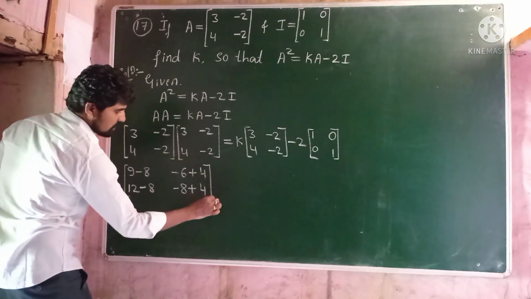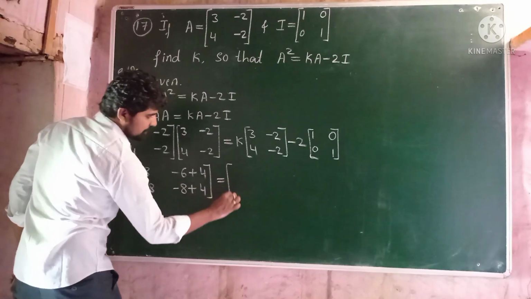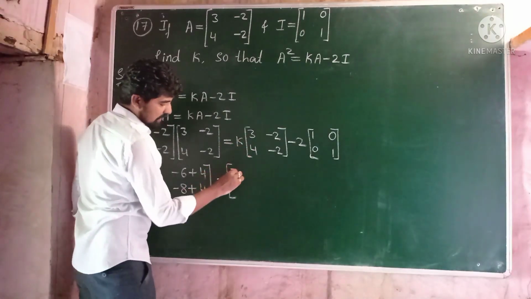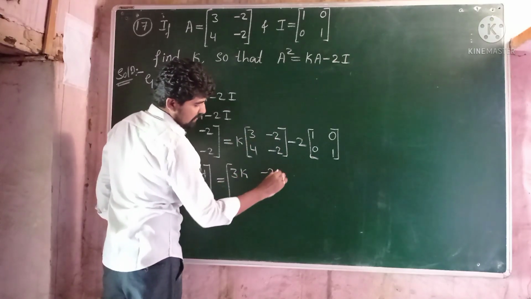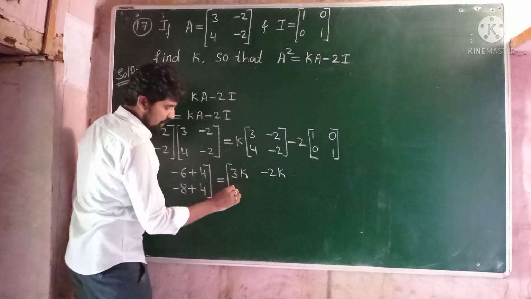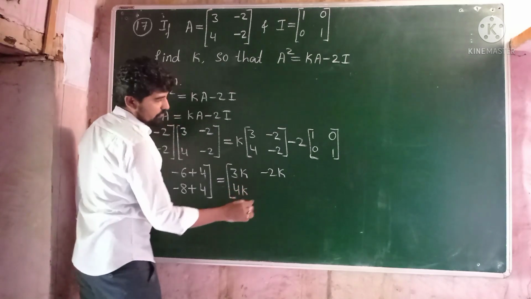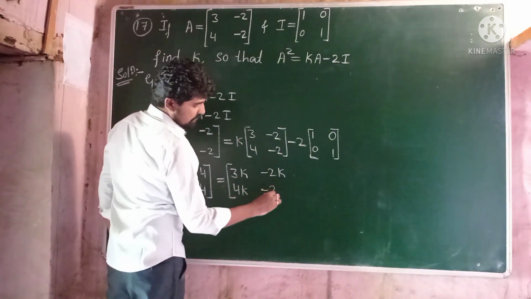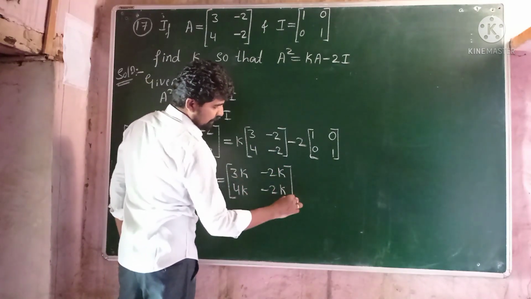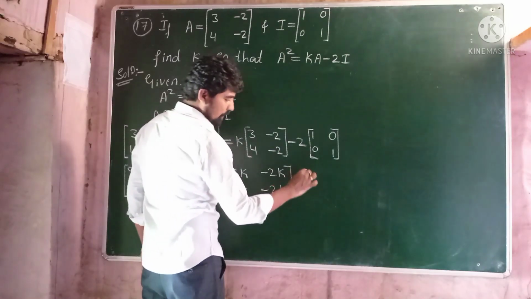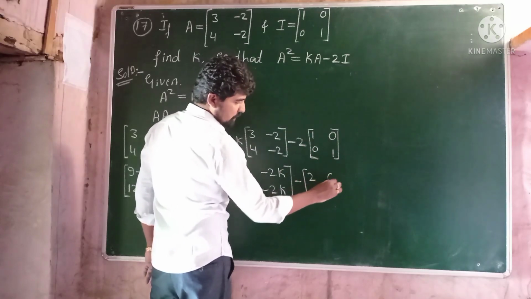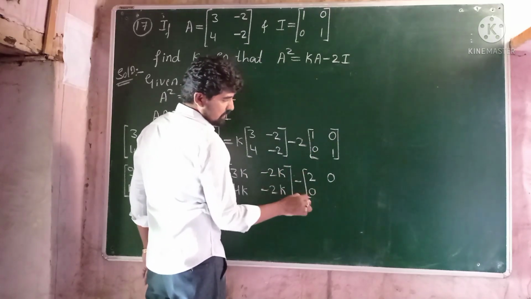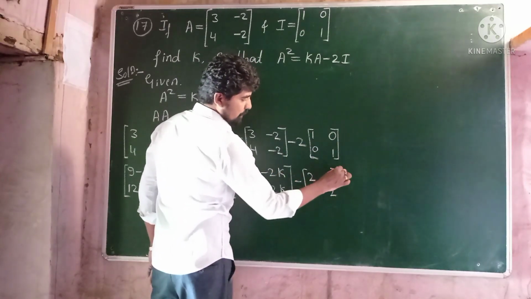which is equals to 3 into k is 3k, minus 2 into k is minus 2k, 4 into k is 4k, minus 2 into k is minus 2k, minus 2 into I matrix. So 2 into 1 is 2, 2 into 0 is 0, 2 into 0 is 0, 2 into 1 is 2.